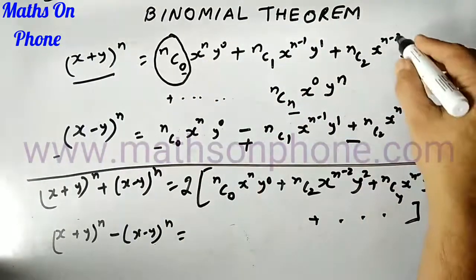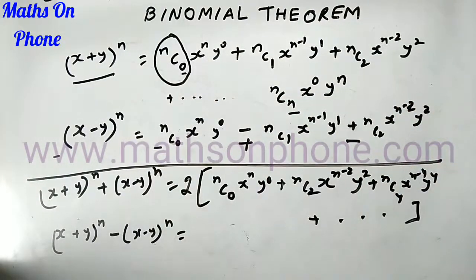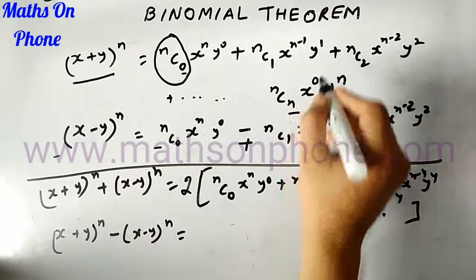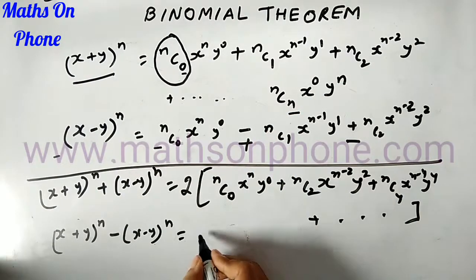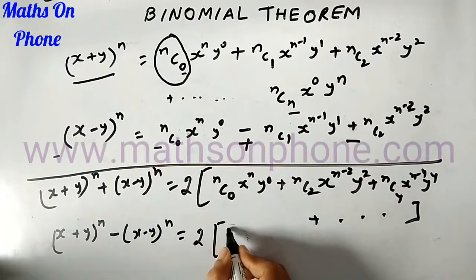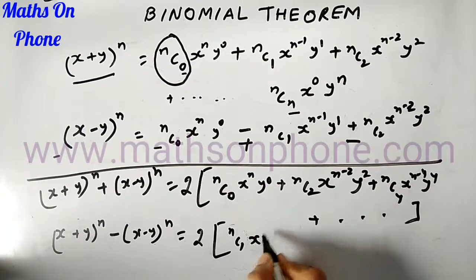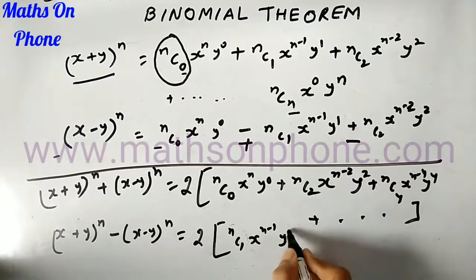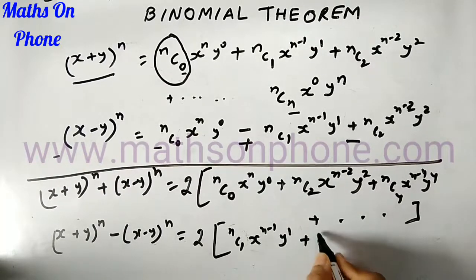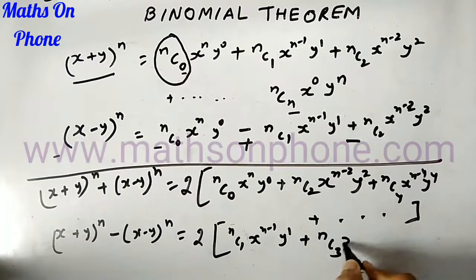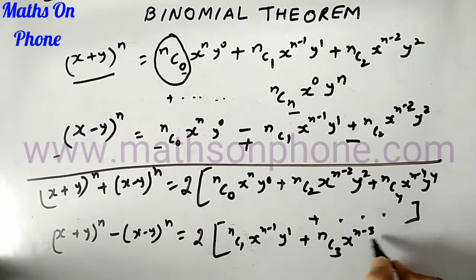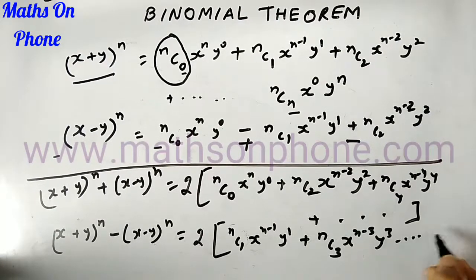This will cancel out. This will cancel out. And the terms which are containing odd power of y are left over 2 times. So it is 2 into nC1 x^(n-1) y^1 plus nC3 x^(n-3) y^3, like on.